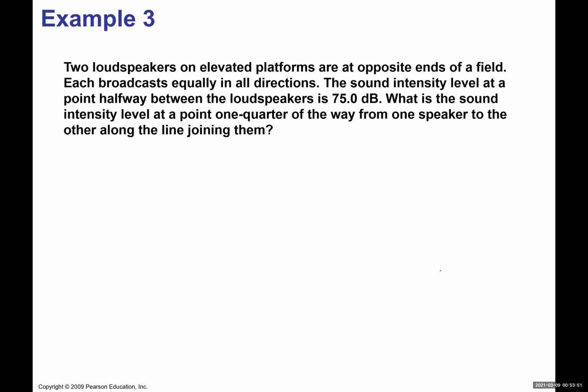This is very similar to the previous example: two sources that produce the same power, meaning energy per unit time, because you can think of them as identical loudspeakers producing sound with the same power. So let's say here's the first one, here's the second one, and the distance between them, let's call this D.